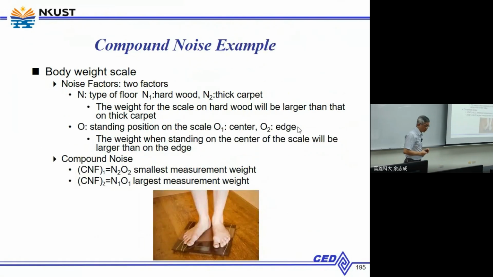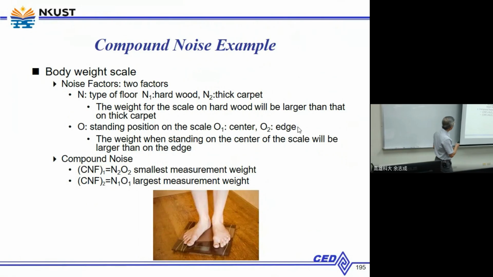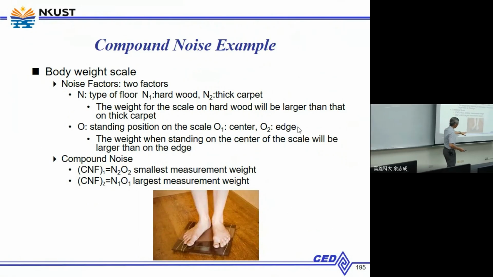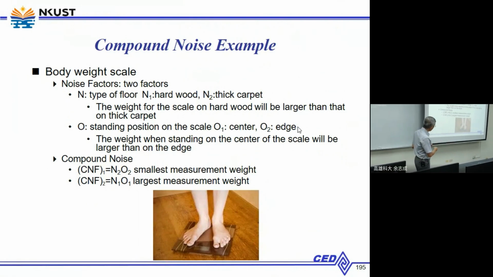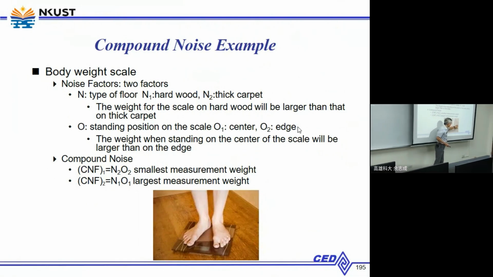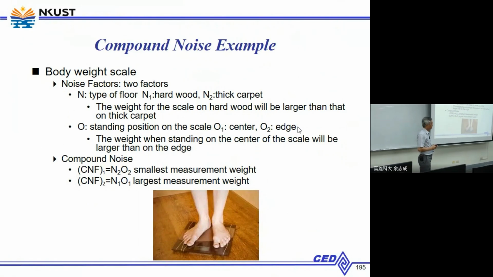All right, let's use one example, this bathroom scale. You can measure your body weight. But you will find that the measurement will have small variation depending on what type of floor you are putting your bathroom scale on. If it is a hard floor like a wood floor or marble like this one, your measurement tends to be a little bit higher than normal.